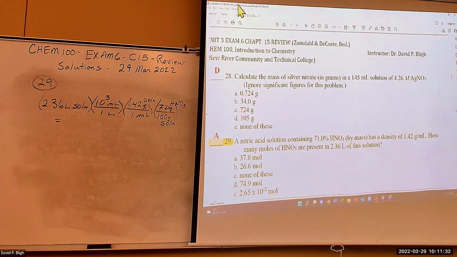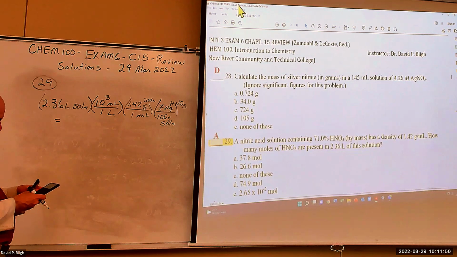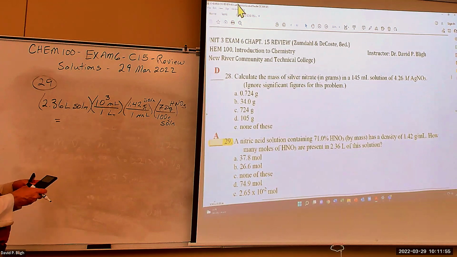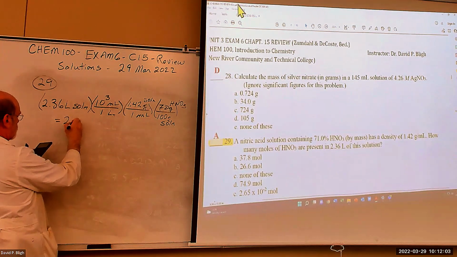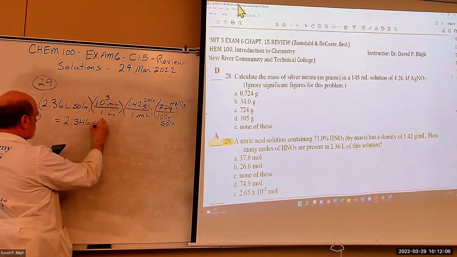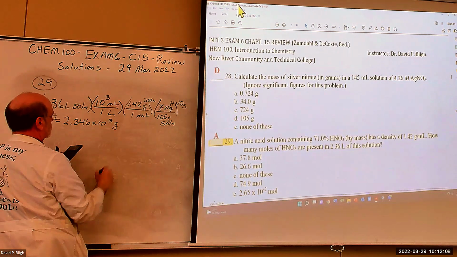We'll do that calculation. 2.36 liters times 1,000 is 2,360 milliliters. That's reasonable. Then times 1.42 gives us mass of solution. And then times 70 divided by 100 gives us 2.346 times 10 to the third grams of HNO3.